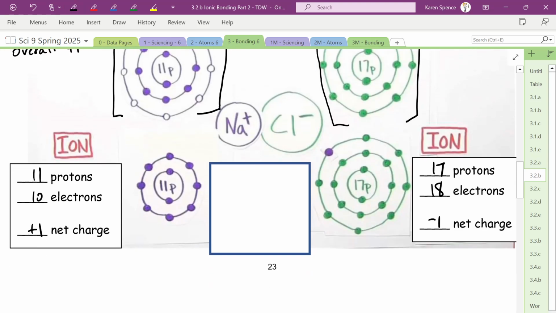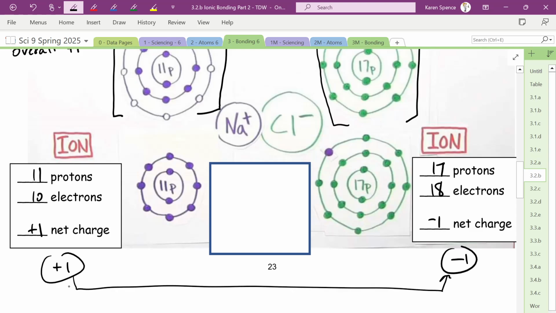What do you notice about the overall charge? We have a +1 and we have a -1. What happens if we add those two together? What do we get if we have the sodium and the chloride together? Charge is 0. And what do we call this compound here?